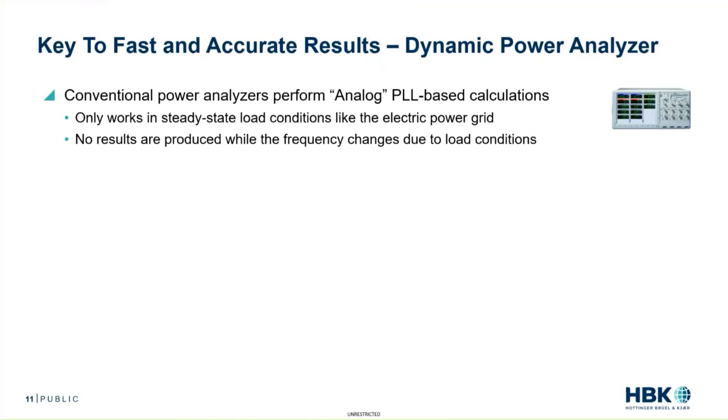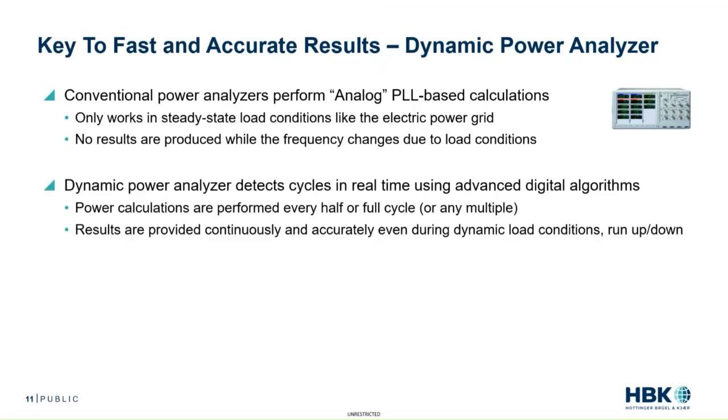But it only works in a steady state load condition. The traditional power analyzer was never designed for pulse width modulated motors or variable speed drives. Hence, when the frequency changes due to load conditions, no results are produced until that frequency becomes stable and static once again, and you have to wait a few seconds before it can make the calculation.